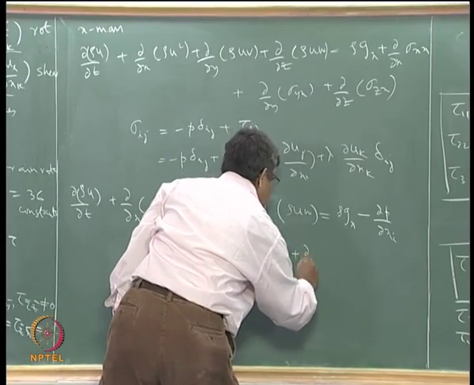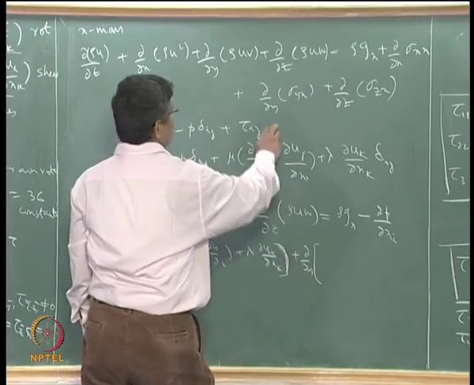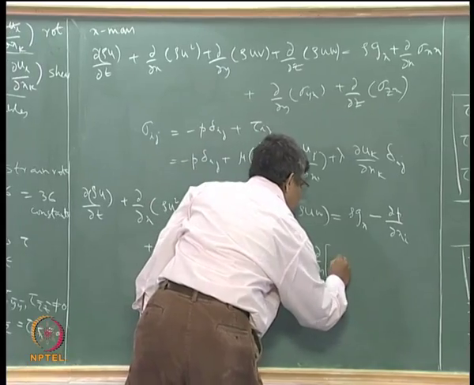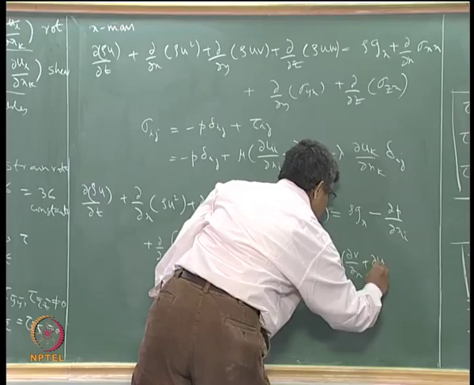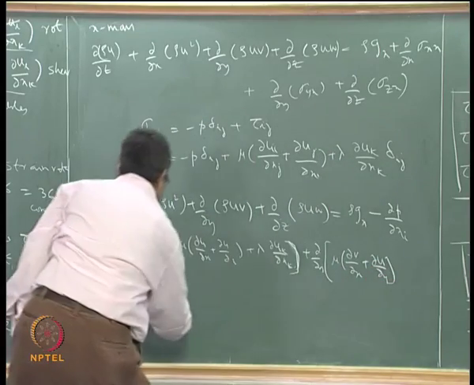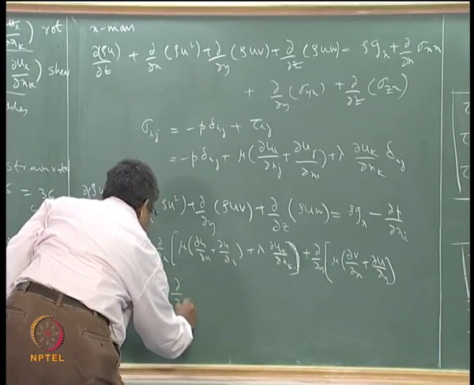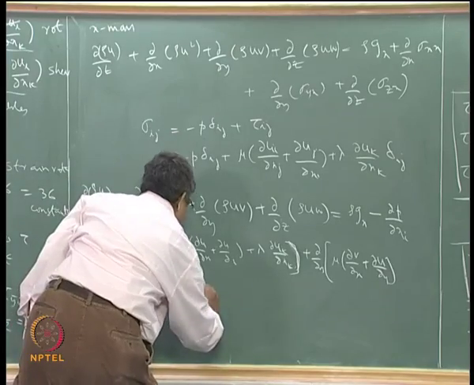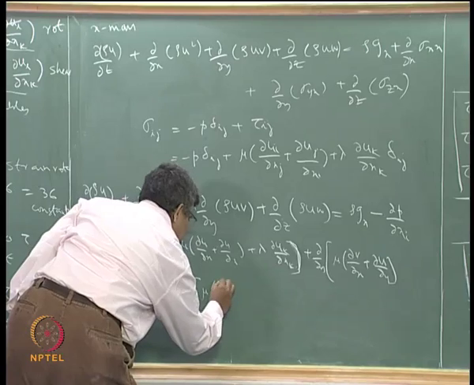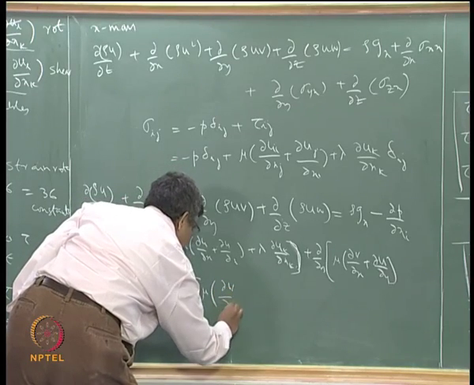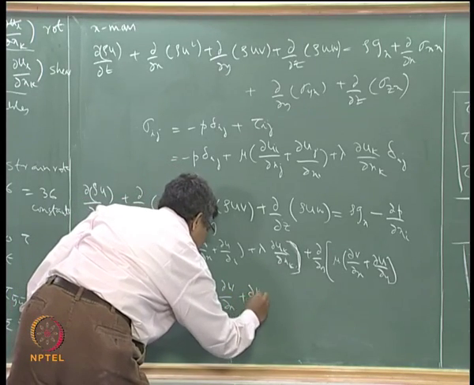Plus dou by dou y of sigma yx, which is mu times dou v by dou x plus dou u by dou y, plus dou by dou z of sigma zx, which will be mu times dou w by dou x plus dou u by dou z.